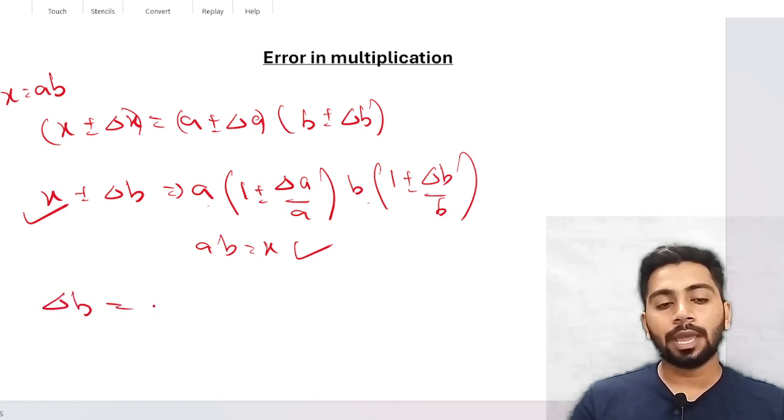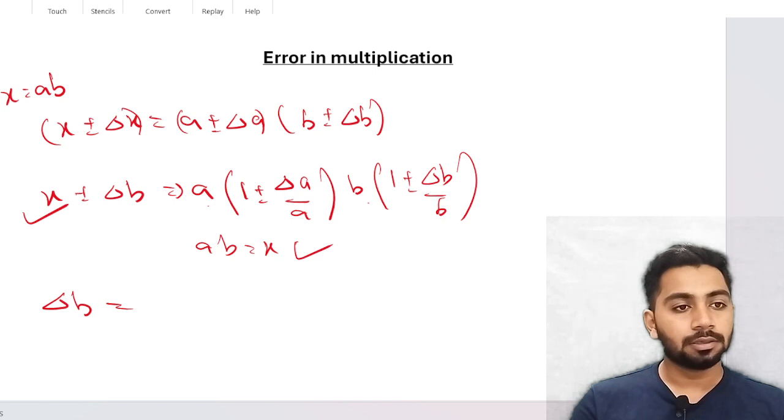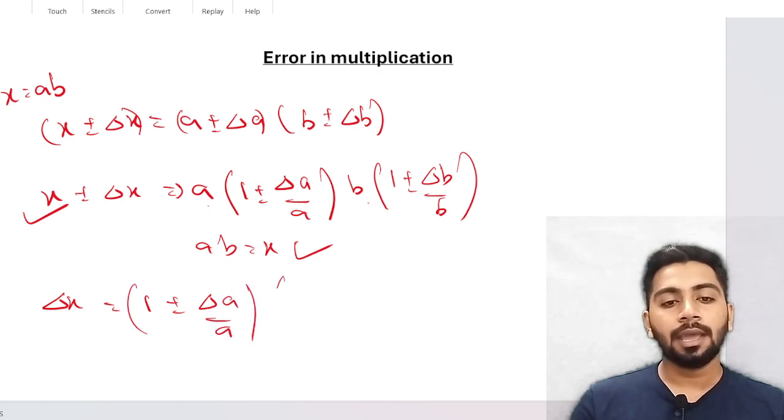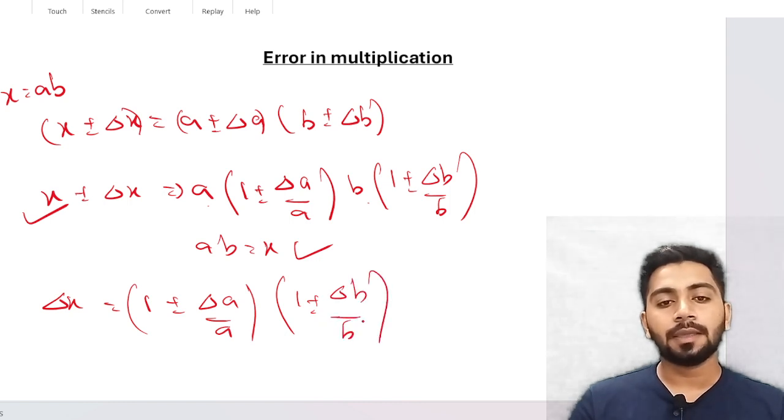So finally I will get error x is equal to 1 plus or minus error a divided by a, and 1 plus or minus error b divided by b.